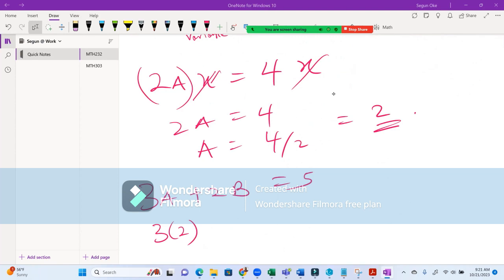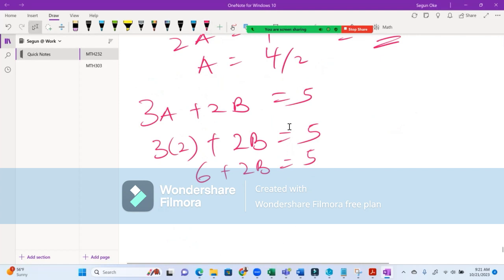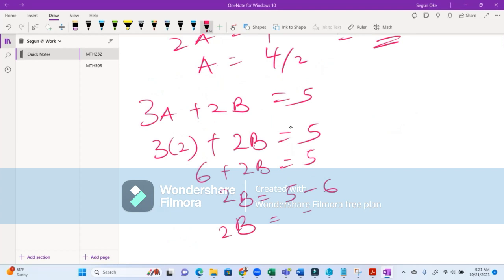You know a to be 2. Substitute it, plus 2b equals to 5. So you have 6 plus 2b equals to 5. So what do we do? We take 6 to the other side. We have 2b equals to 5 minus 6. 2b equals to minus 1. b equals to minus 1 over 2. Any question? No.